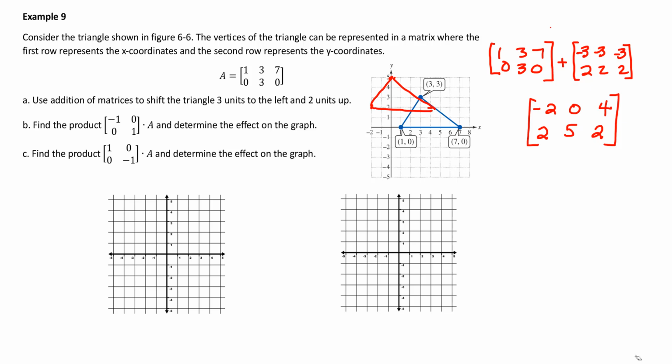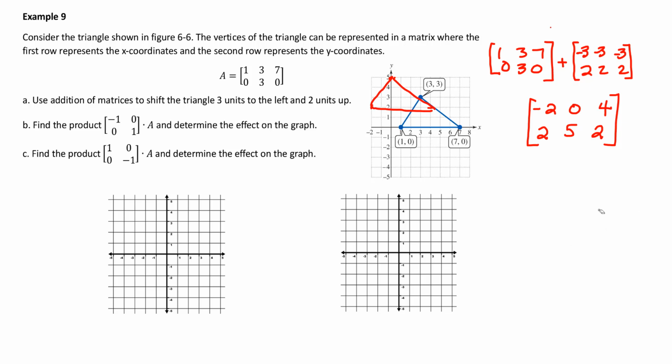All right, so part B says find the product of negative 1, 0, 0, 1 dot A and determine the effect on the graph. So we're going to take the dot product of this matrix, negative 1, 0, 0, 1, and our matrix that has the points in the triangle.